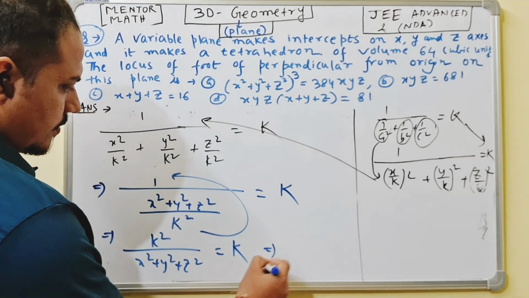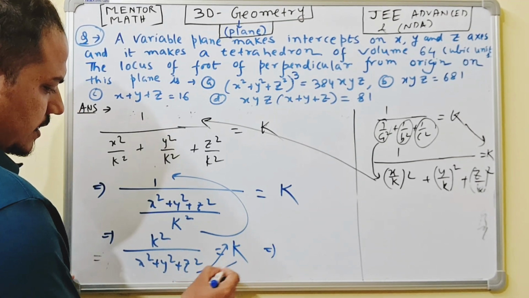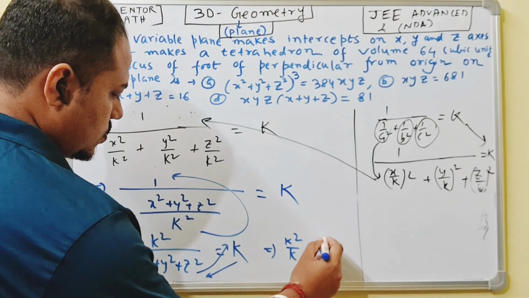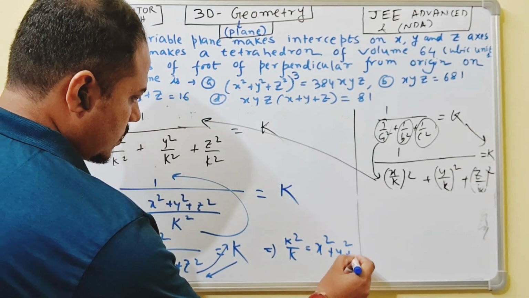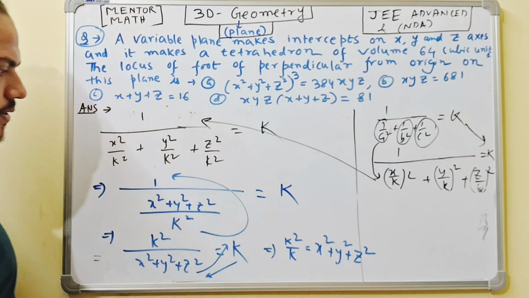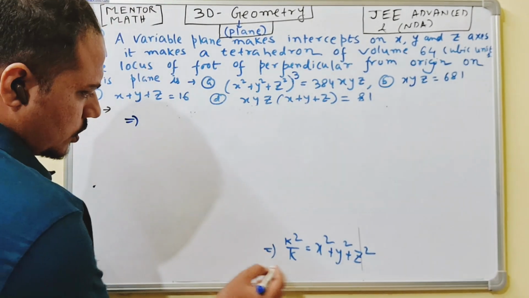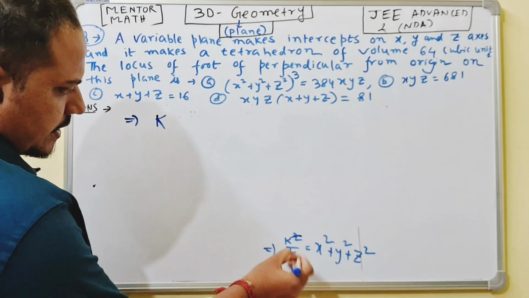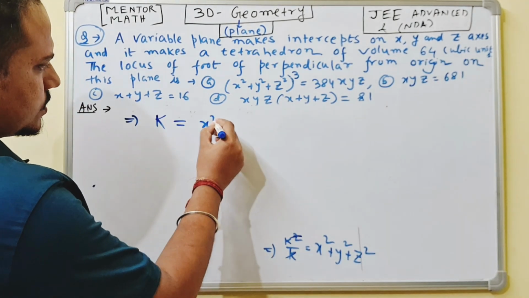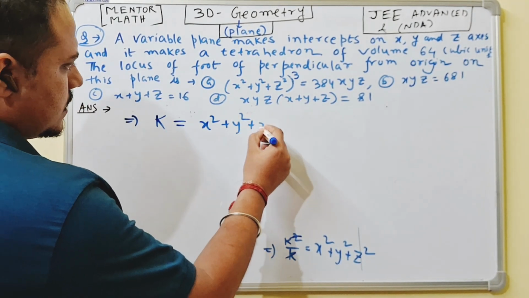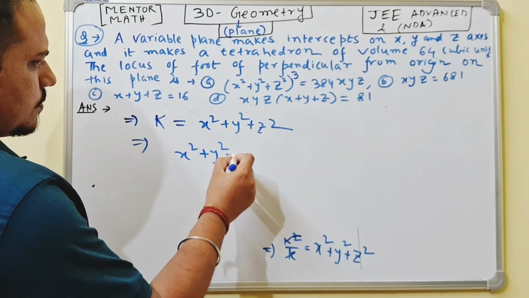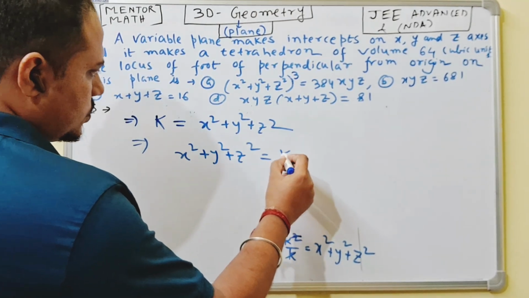Cross multiplying, k square by k is equal to x square plus y square plus z square. Now k square by k, that is k, is equal to x square plus y square plus z square. So you got the value x square plus y square plus z square is equal to k.